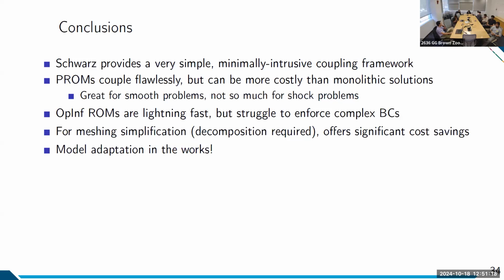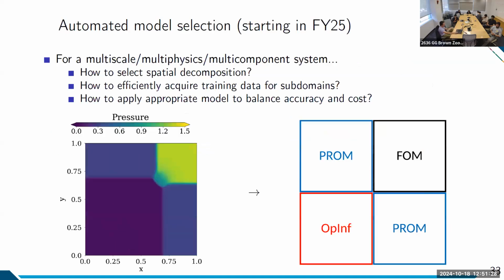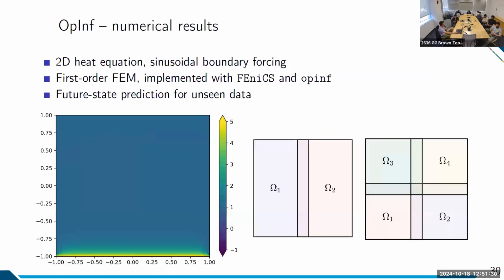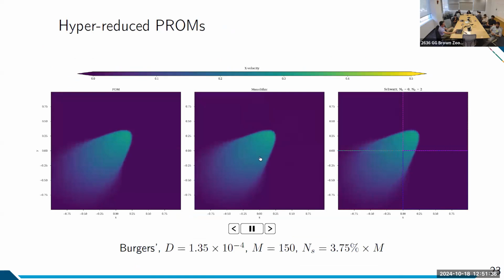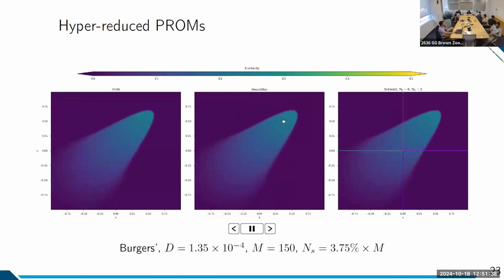There's a lot of work that has been done on other, more locally optimal ways. They're called greedy methods, which select better points. For example, for the Burgers equation, it would pick more points where the wave is traversing.